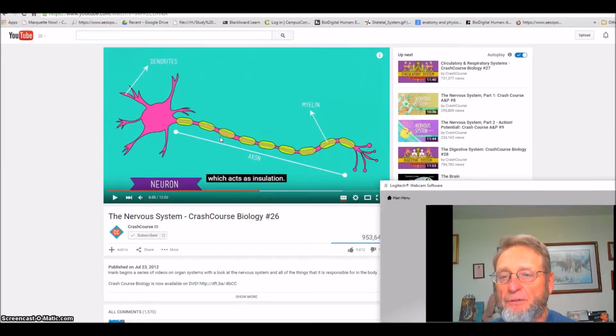Now, in Hank's video, he talks about these cells being Schwann cells and the spaces between being nodes of Ranvier, which allows for what is known as saltatory conduction of the signal, or saltatory conduction of depolarization, which means it jumps from node to node, making it very fast.